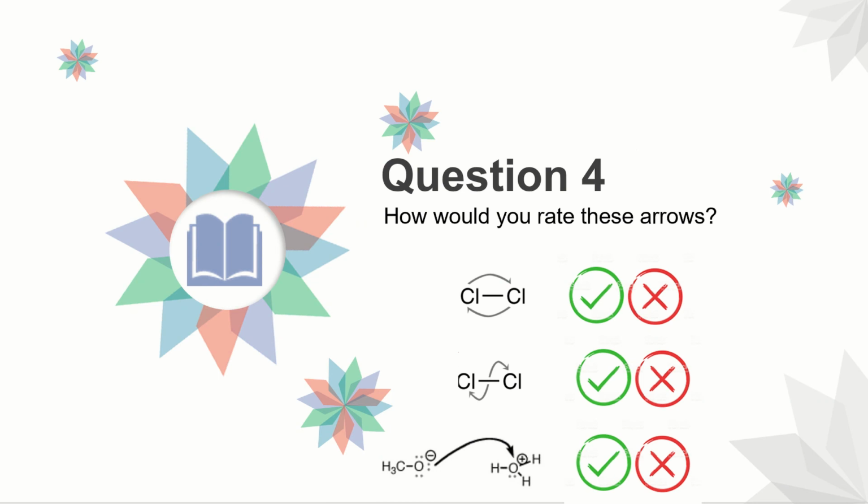All right, so that leads us to question 4. How would you rate these arrows? Is it right? Is it wrong? Just take a minute and assess them and let me know how you would rate them.